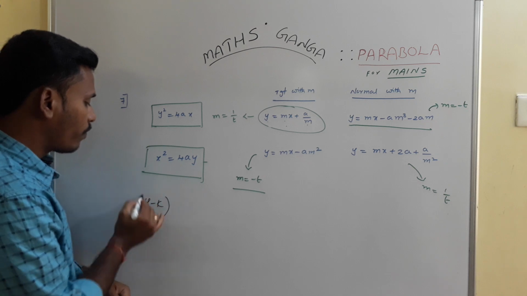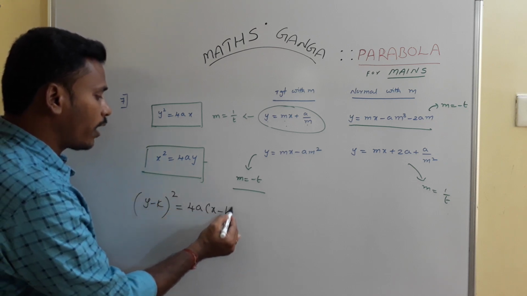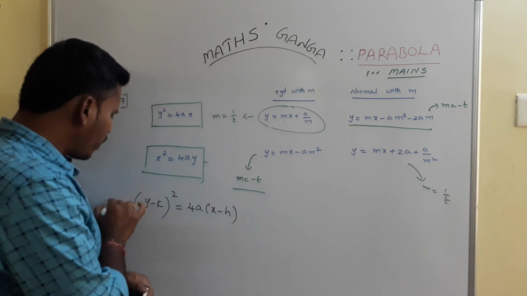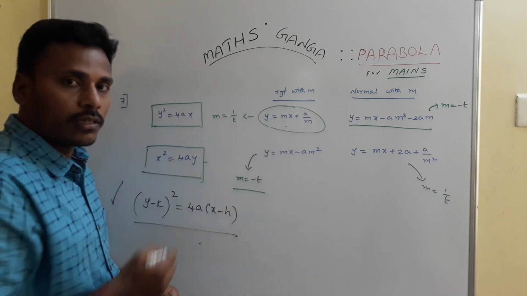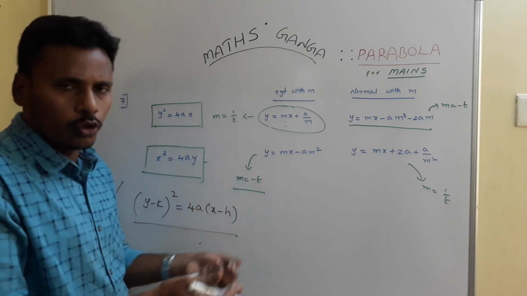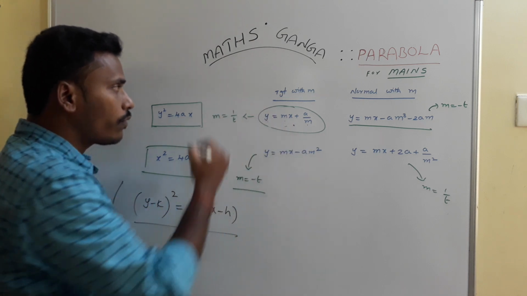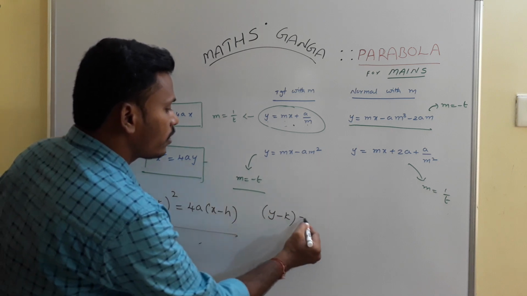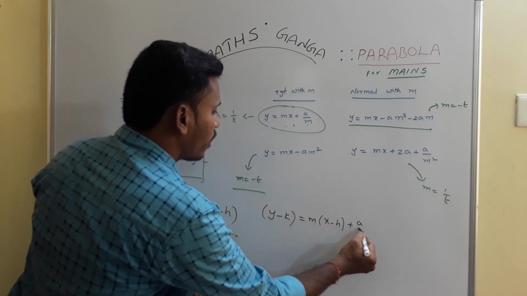For example, if I have the parabola equation like y minus k whole square is equals to 4a times x minus h, and you try to write the equation of the tangent for this, just observe this one. As we discussed in the third conceptual idea, there is nothing new, we just need to write x minus h and y minus k, and the equation of the tangent with slope m is given by y minus k is equals to m times x minus h plus a by m.